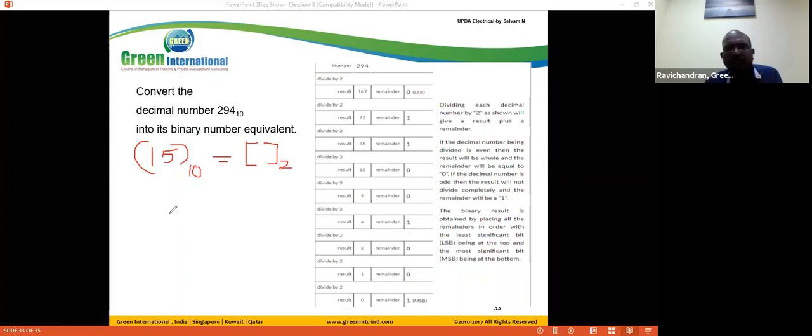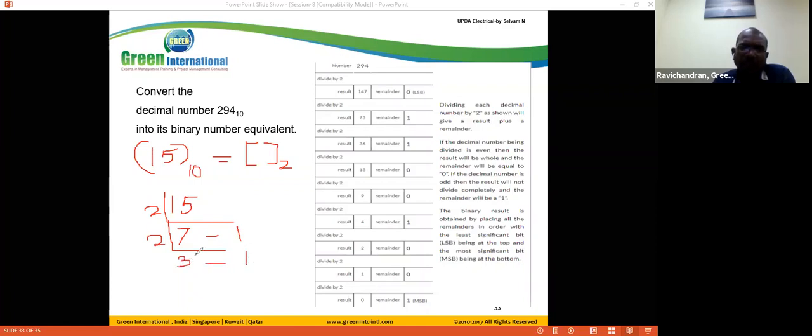So take 15. 7 2s are 14, so the remainder is 1. Once again divide by 2. 3 2s are 6, so remainder 1. Then 3: 1 2s are 2, so remainder 1. So this is the answer.